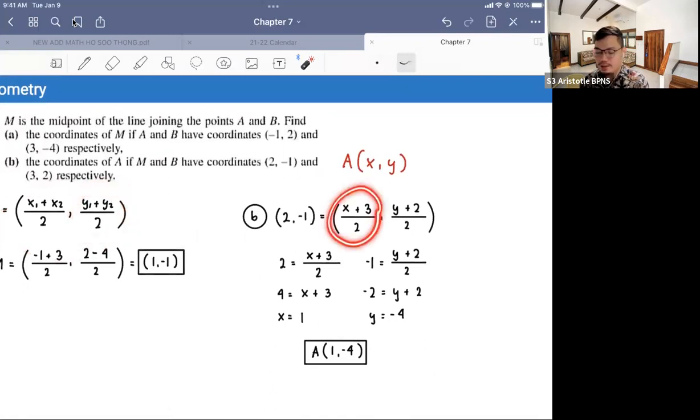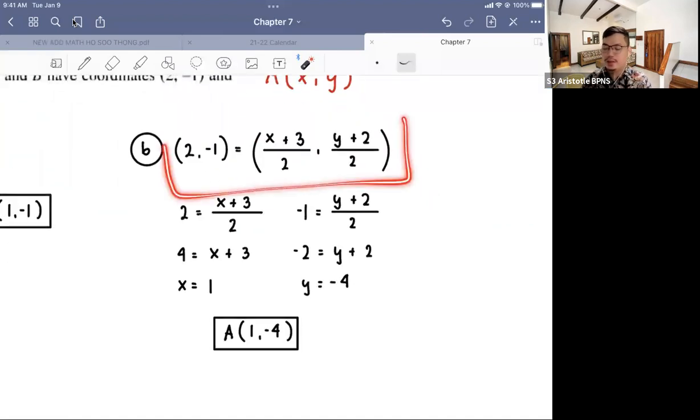So using that here, this is the midpoint. This one is the x coordinate. So this is x sub 1, and this is x sub 2. That's why this is x plus 3 divided by 2. And then for my y coordinate, of course, this is y sub 1, and this is y sub 2. So that's why this is y plus 2 divided by 2. Okay, so that's how I got this.